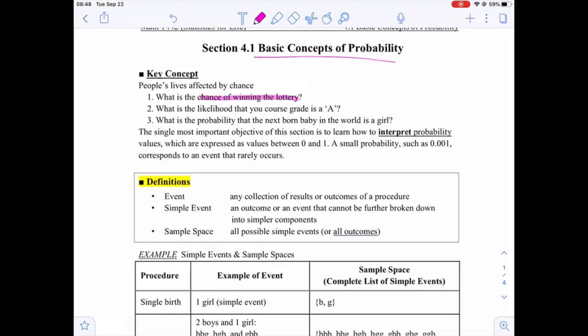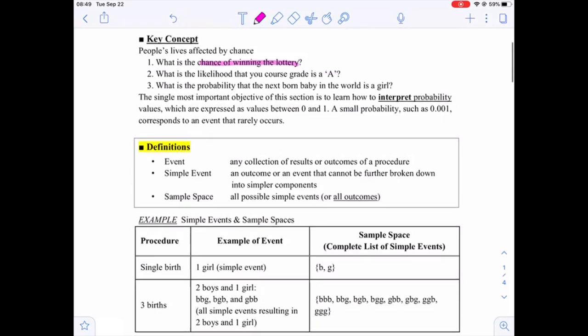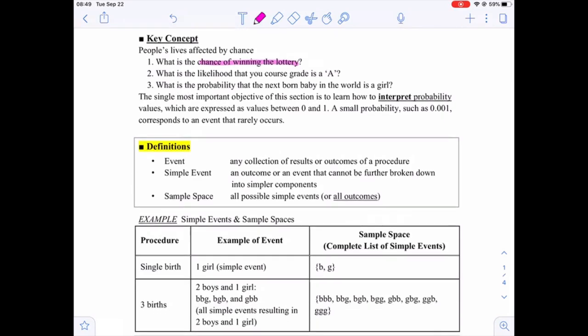But in this section we'll focus on studying probability mathematically, and we try to deal with formulas and study the basics of this vast theory. The basic elements that we need to know are the following. An event is any collection of outcomes of a procedure or experiment.